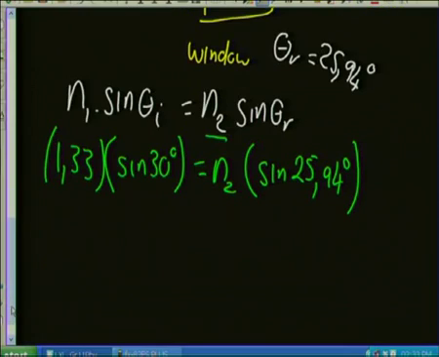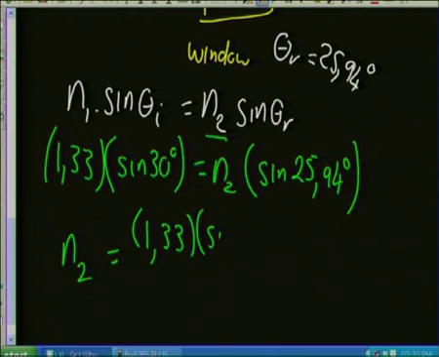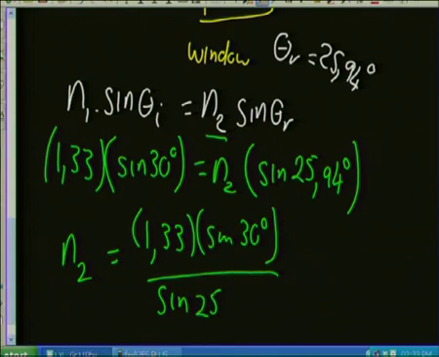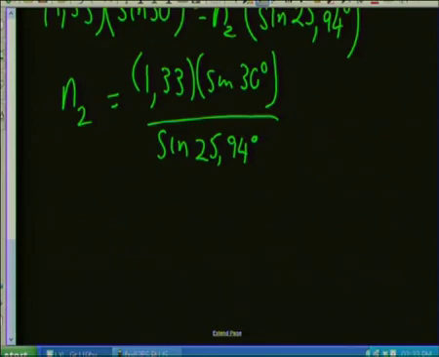And if we now rearrange the subject of the formula before we put it on a calculator, that shouldn't be a problem. We get 1,3 times sine of 30 degrees divided by sine of 25,94 degrees. And it's all looking very good.